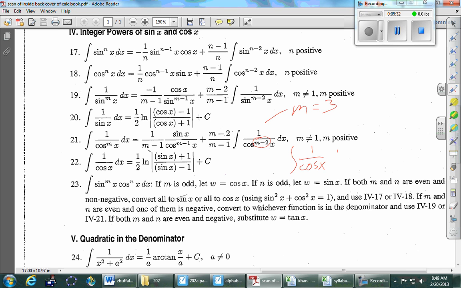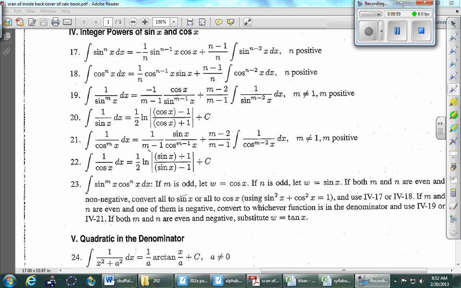It just becomes 1 over cosine to the 1, right? So apparently using this formula drops the power on the cosine by 2. How do we integrate 1 over cosine? That still seems hard. It's number 22. So use number 21. It will give you a new integral. Then use number 22. See if you guys can work with your neighbors on that one.